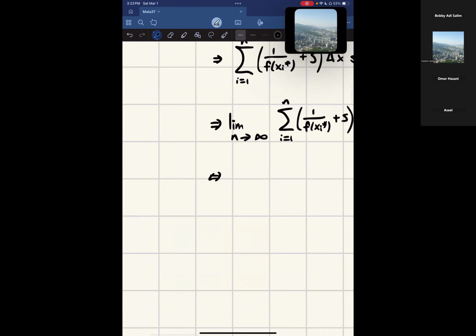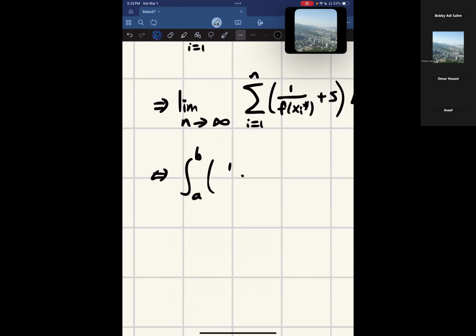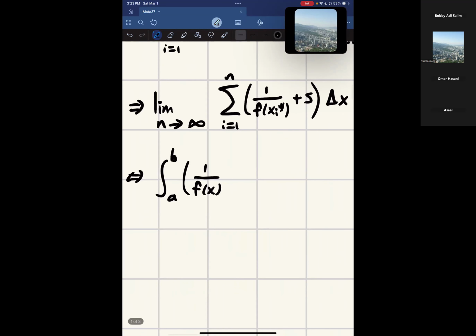So now we can just use our definition here. So it's going to be the definite integral from a to b of 1 over f of xi. Well, not xi anymore. Our function is this thing. So instead of xi, we just keep it as f of x at this point.